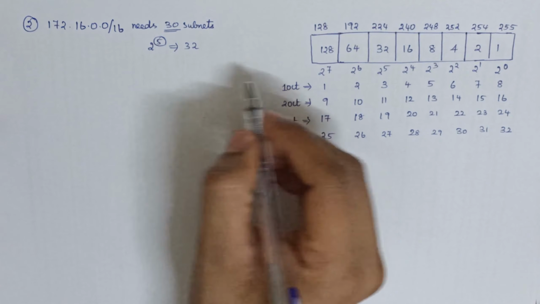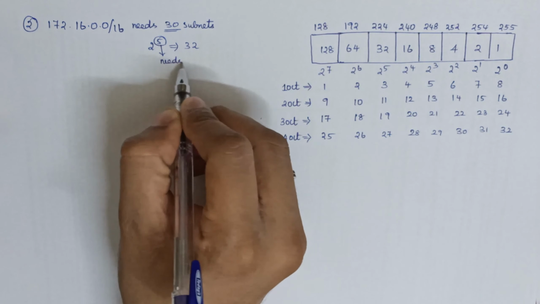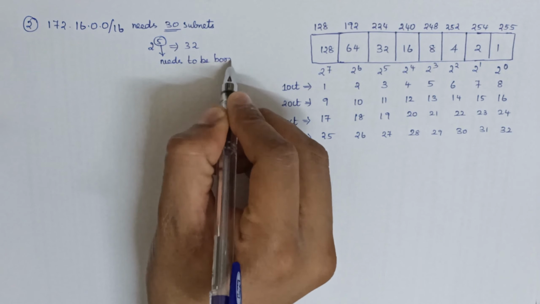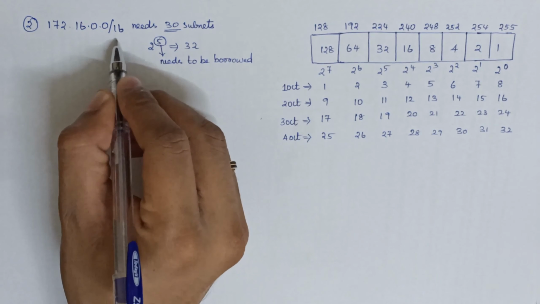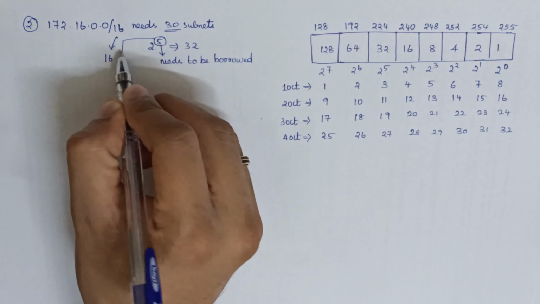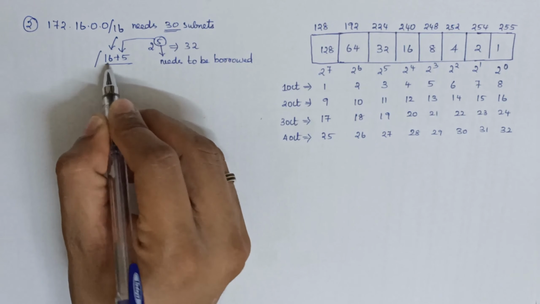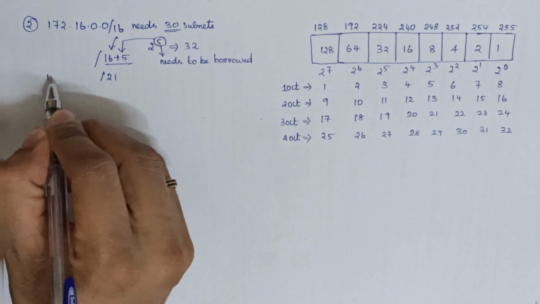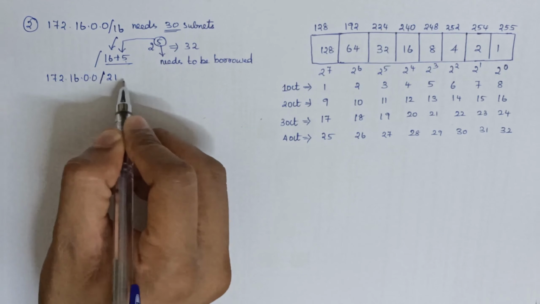So here 5 extra bits are needed. We have to borrow them from the host portion. Already here we have 16 bits plus 5, so total we will get 21. So 172.16.0.0/21 is the network bits now.